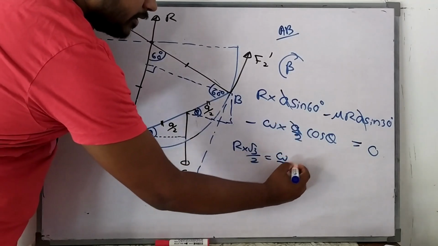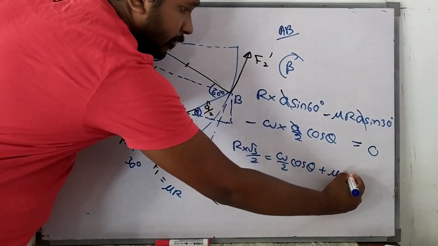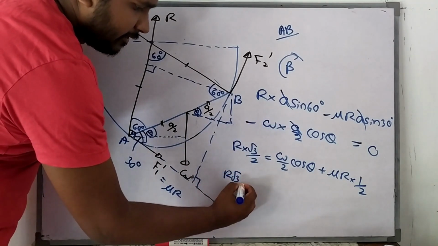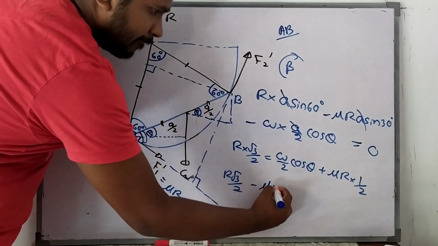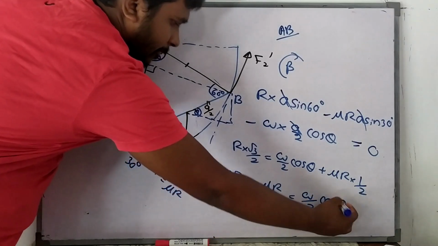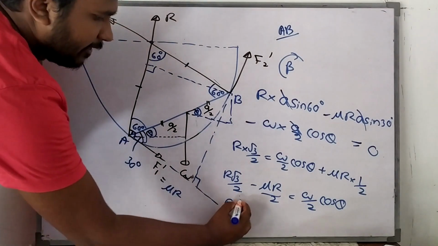So I'm going to make R the subject. Here, mu R half. R is on one side, the weight is on the other side. Actually, you can see now that R can be taken out.